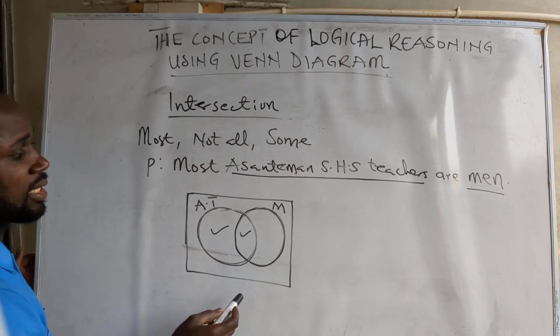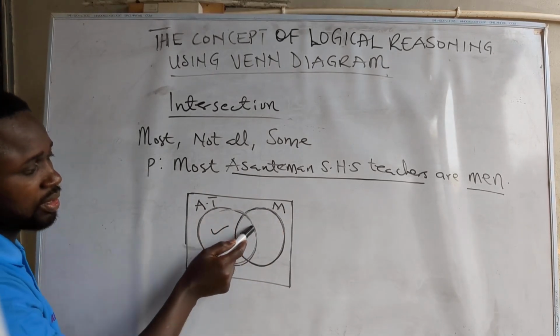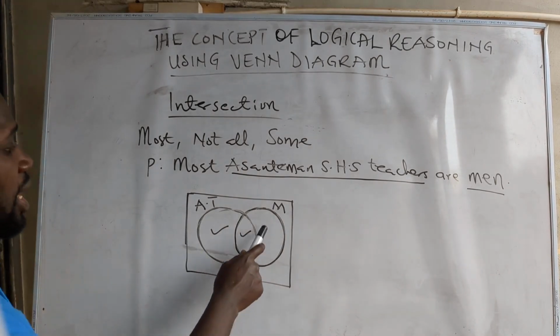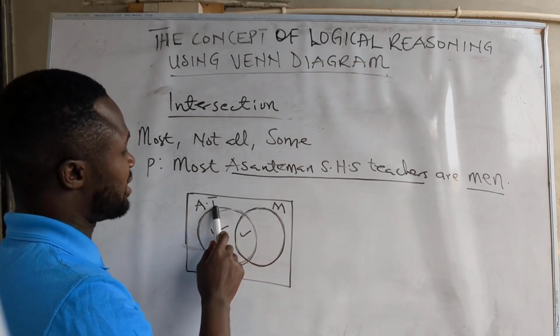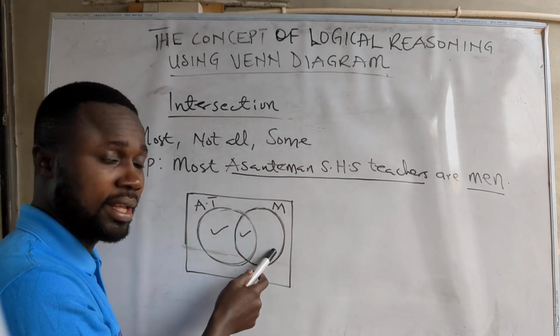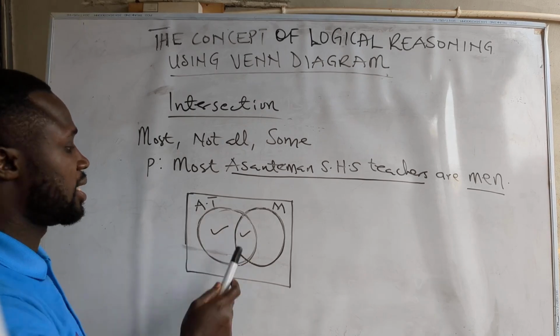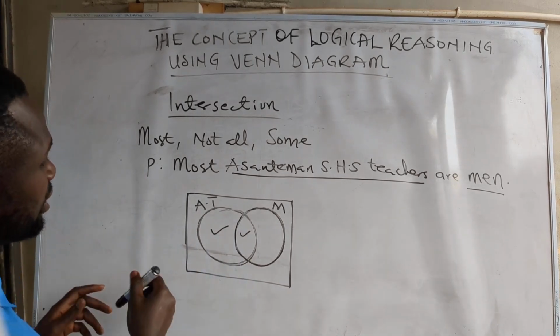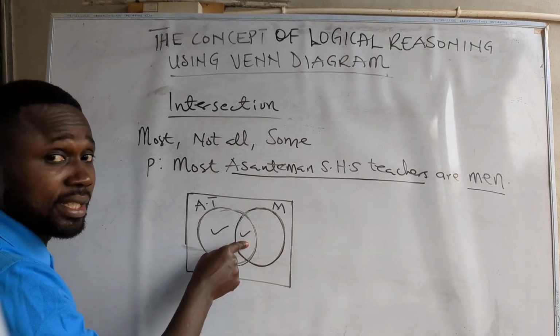When it happens like that, there is an intersection between Asante SHS teachers and men, because most Asante SHS teachers are men. So these are the men who are at the same time Asante SHS teachers.